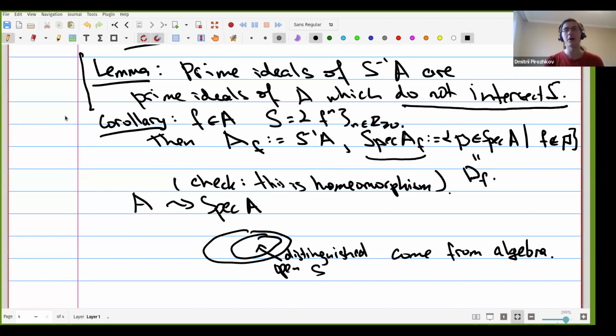If you have something about the ring that you can interpret as a statement about its spectrum, then sometimes instead of proving it for the ring itself, you can just cover the spectrum by distinguished open sets and do the proof over each open subset, essentially by replacing your ring with this localization, which sometimes makes things easier.